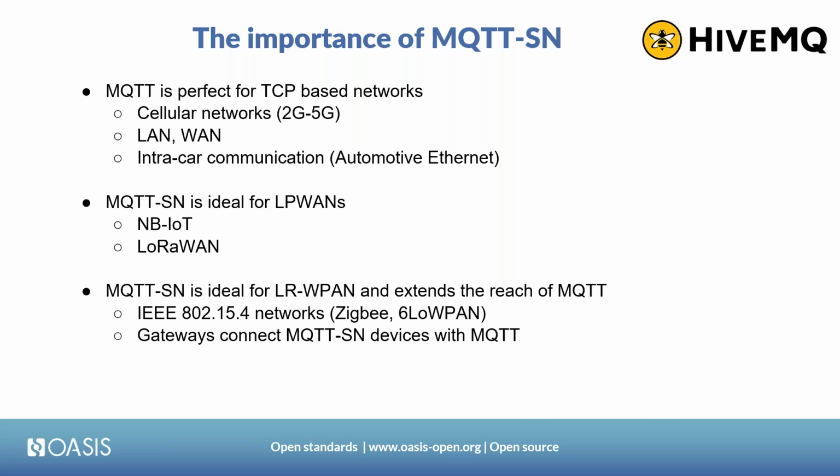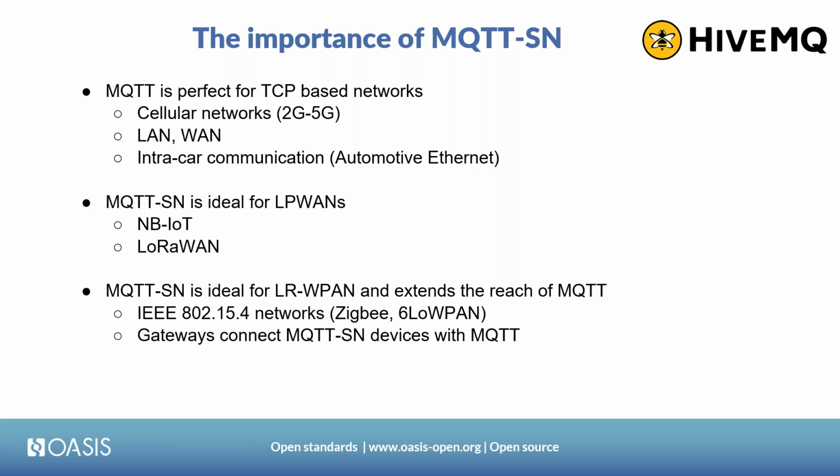Because as Ian pointed out, there is this gateway architecture: you usually have your MQTT-SN network and then a gateway which translates to MQTT. So we really see these two technologies as complementary to each other.